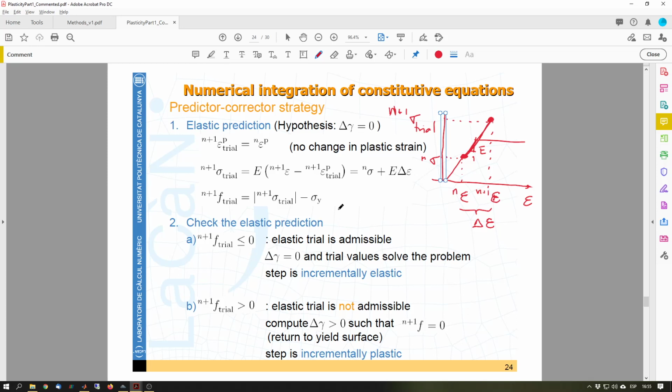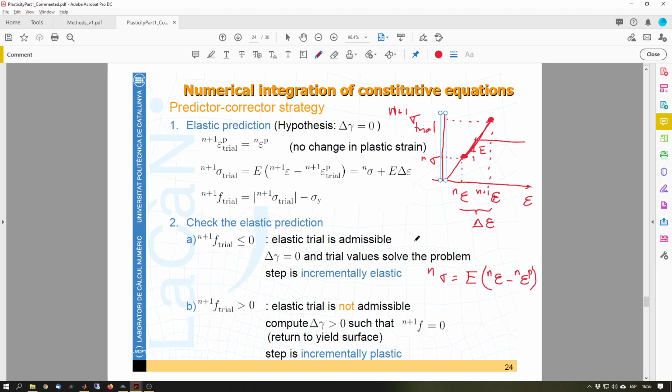In the previous step, of course, the relation must be satisfied that sigma was equal to E times the total strain minus the plastic one.